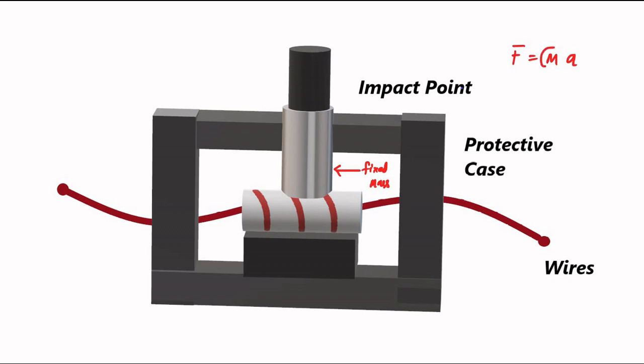So force is directly proportional to acceleration. The force that we measure is directly related to acceleration, and mass is the proportionality constant in that case. So we can get A is equal to F by M. The same principle is utilized here.